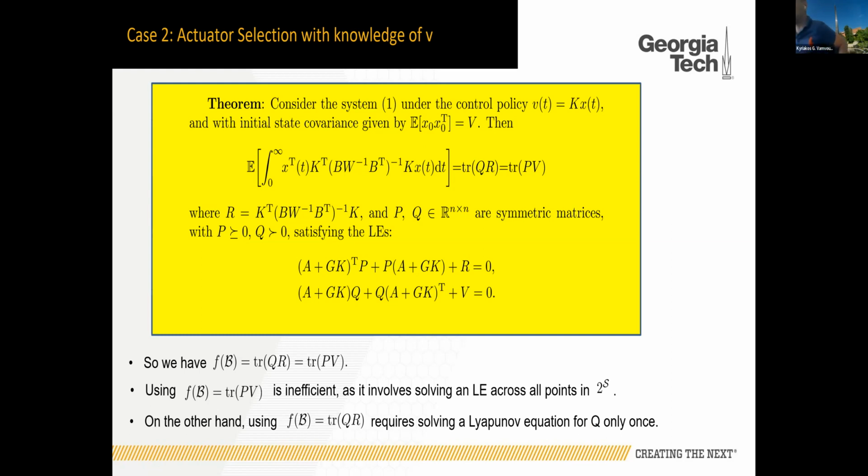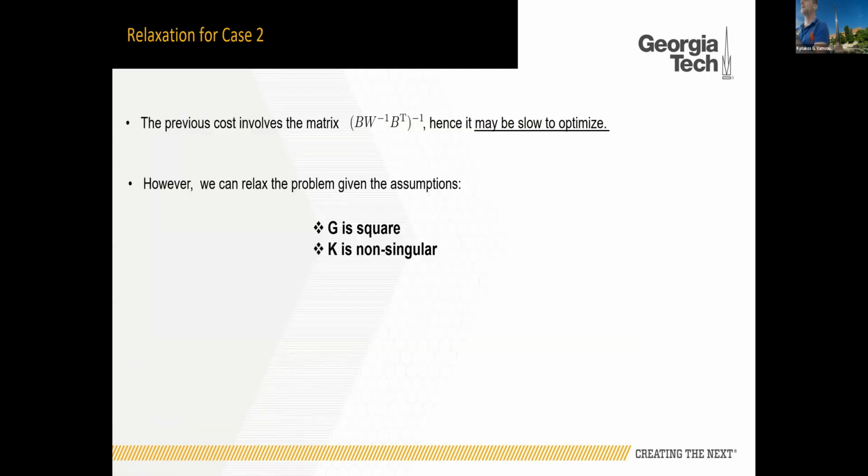Using this trace PV that you saw before involves solving Lyapunov equations across all points in the state space. On the other hand, using this phi of B, which is the trace of QR, requires solving a Lyapunov equation for every Q only once. The previous cost also involves a matrix inverse, which is very slow to solve.